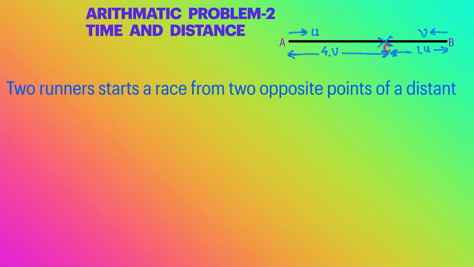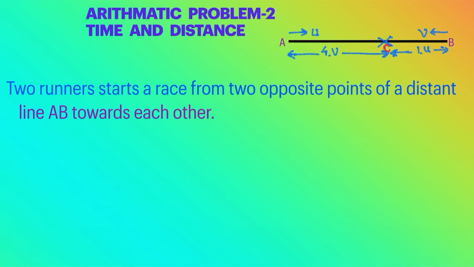Suppose two runners start a race from two opposite points A and B, on the line AB, towards each other.